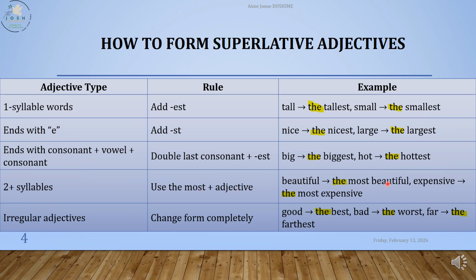Beautiful, the most beautiful. Expensive, the most expensive. And when we have irregular adjectives, we change form completely. Irregular, they don't have a structure. They just change the forms completely, 100%. Good, we have the best. Bad, the worst. Far, the farthest.